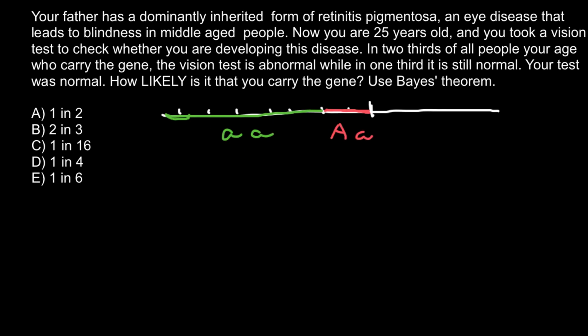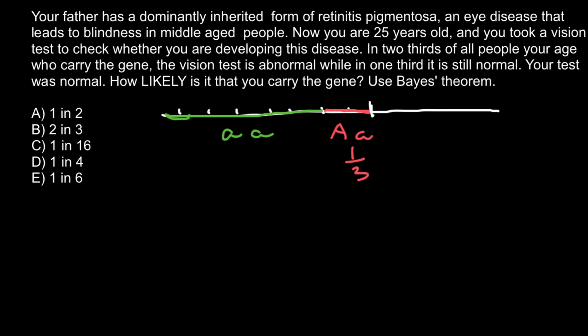So the homozygous recessive genotype is normal, and the heterozygous genotype would be abnormal. But as you see, the likeliness is different. Time has passed, and now the likeliness that this person is heterozygous, a carrier of this defective dominant allele, is 1/3.